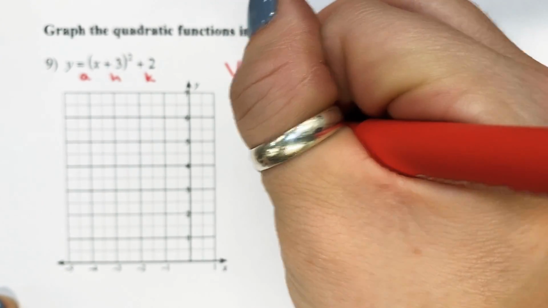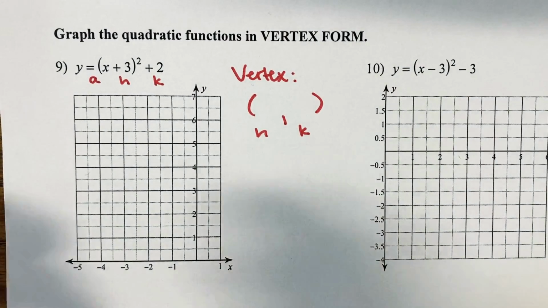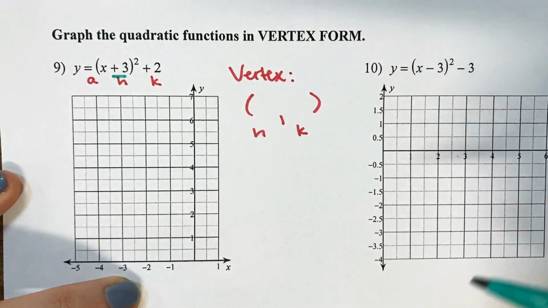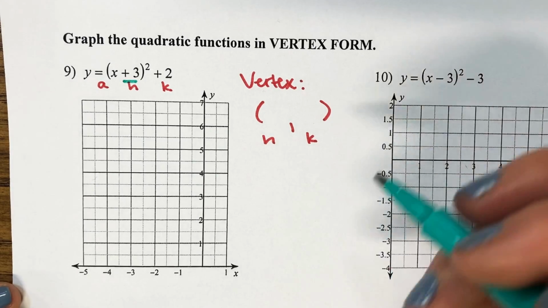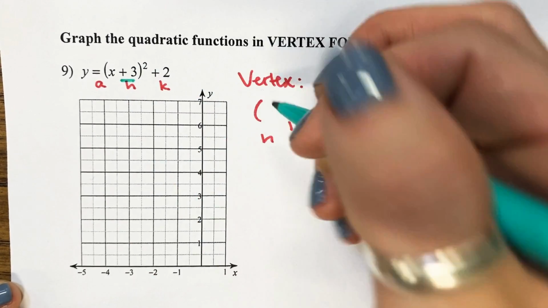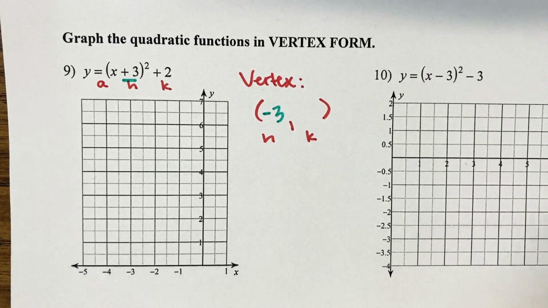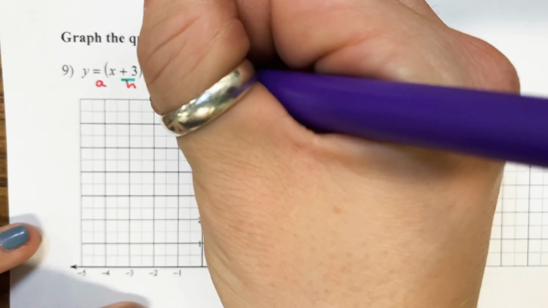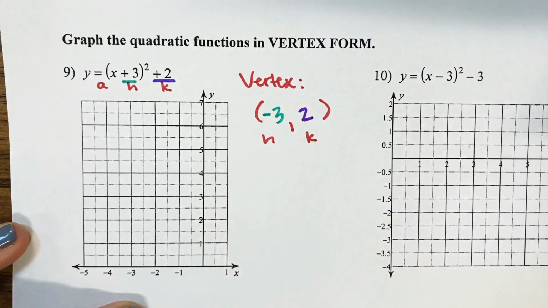Remember it's H and K. My H, is it going to be a +3 or a -3? Does the sign on the H change or stay the same? Remember, the sign on the H changes, so that's going to be a -3. And my K is +2, we keep the same sign, so just +2.